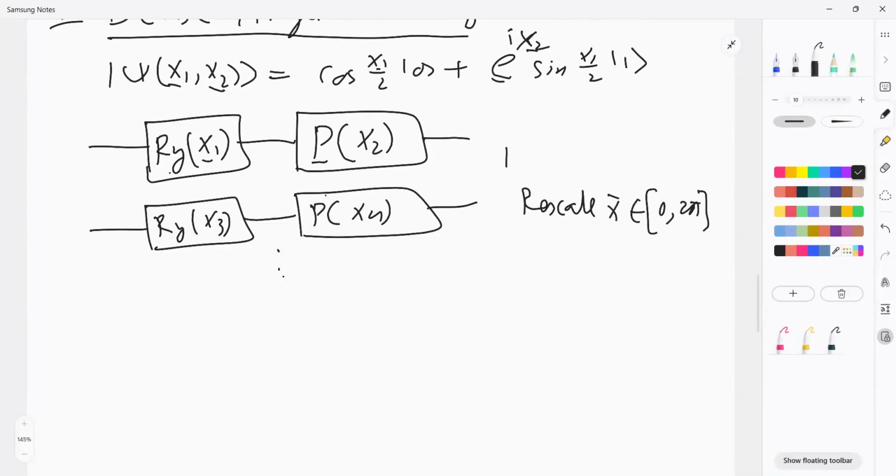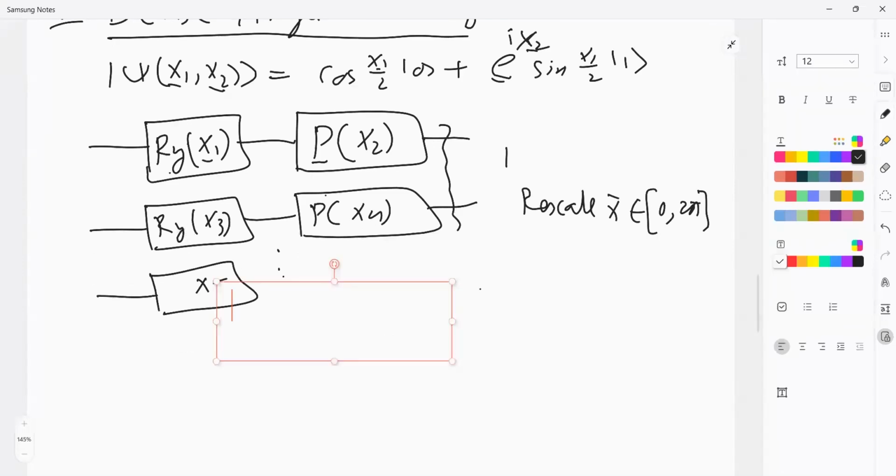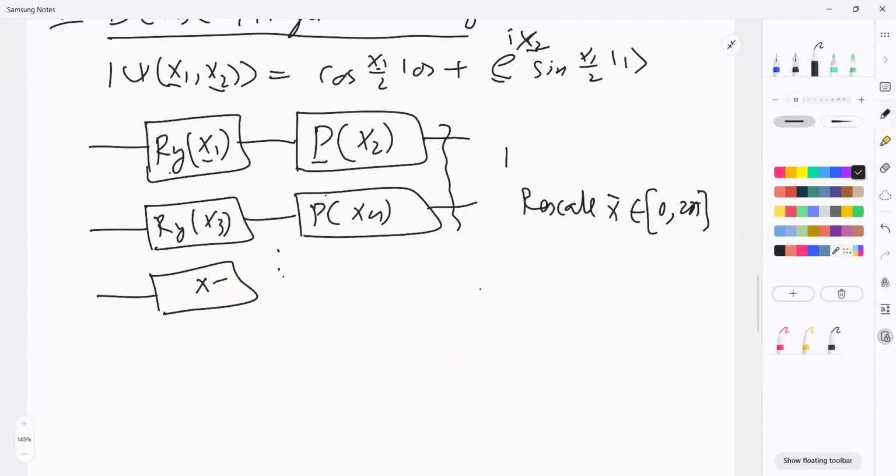So if we go on this way, we see that, for example, for these two qubits, we have been able to encode four parameters. And if we keep going with three qubits, we will be able to encode x5 and x6. So we'll be able to encode six parameters. However, we can actually do more than this.